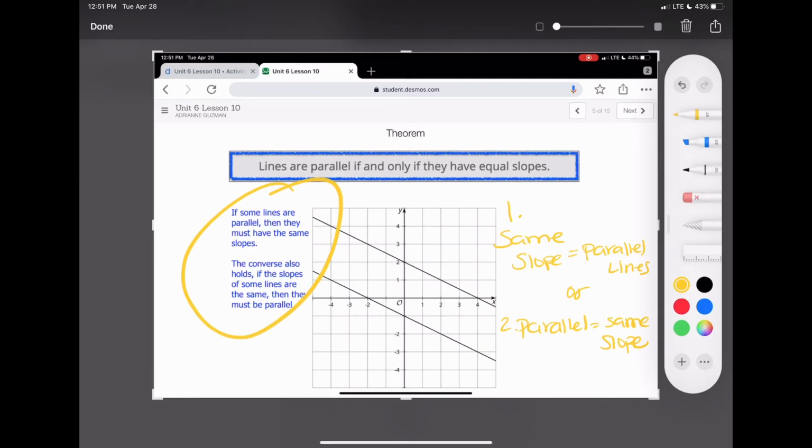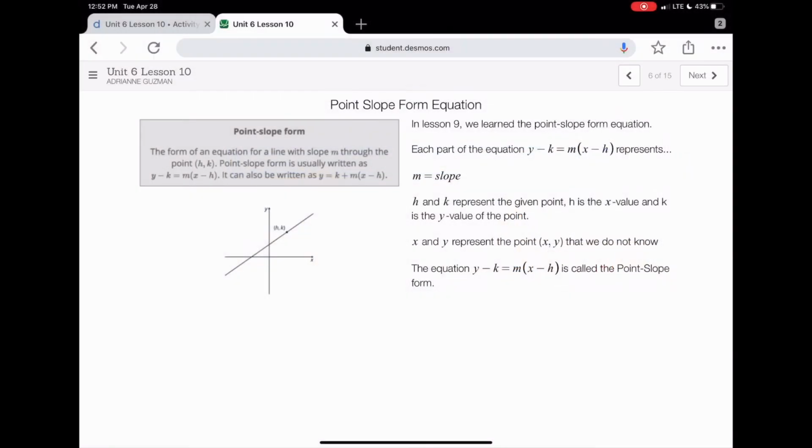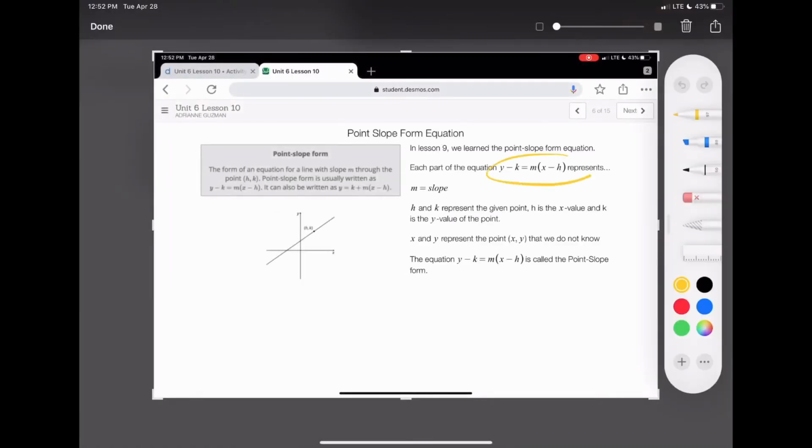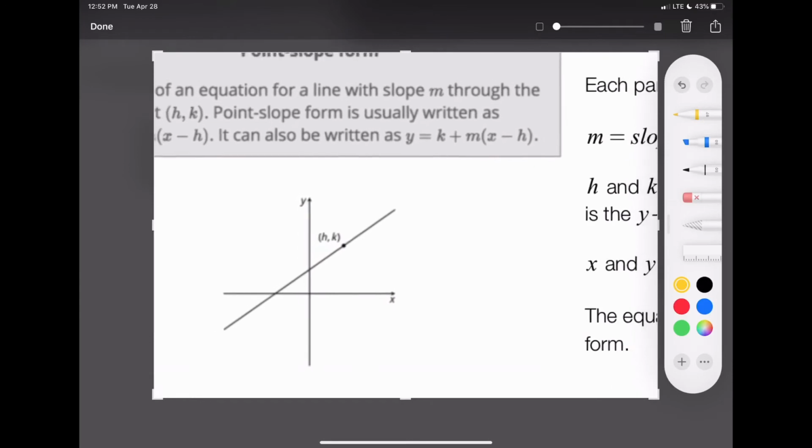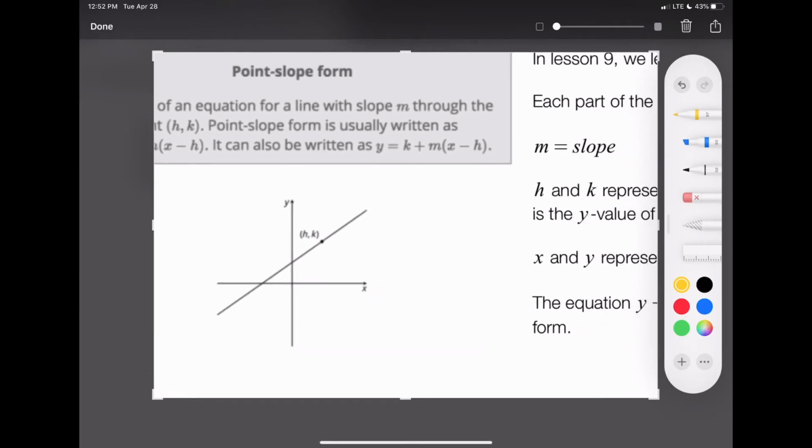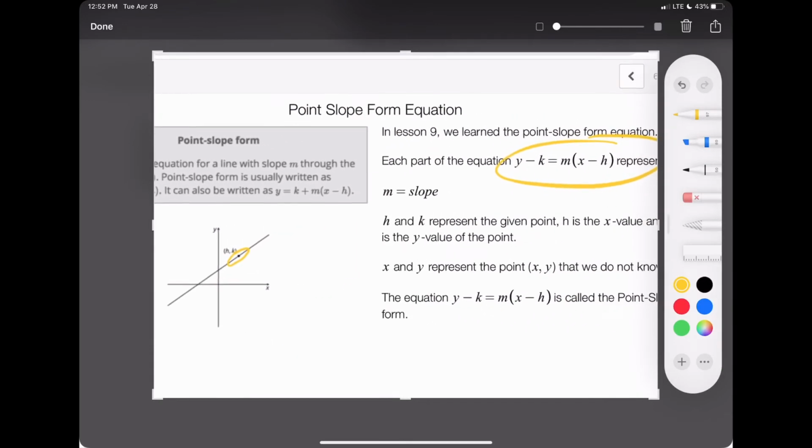All right, moving on. Before we move on, I want to remind you of the point slope form equation from last lesson. And so that equation looked like this here. Each item represented a different piece. And remember that I was saying, and some of you who joined the Zoom session, we were talking about that there's always some given point and the slope.